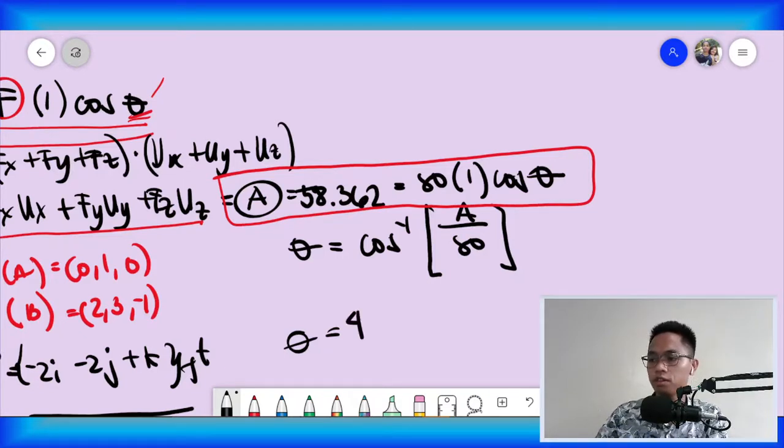And therefore, the angle in between them is 43.15 degrees.